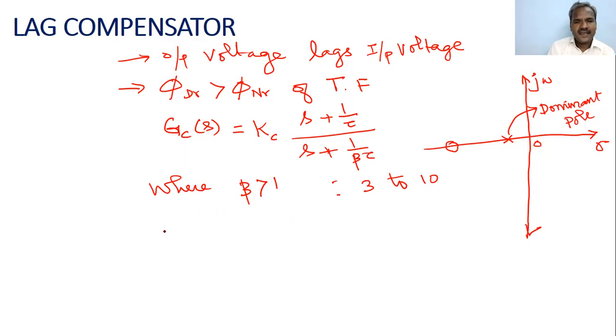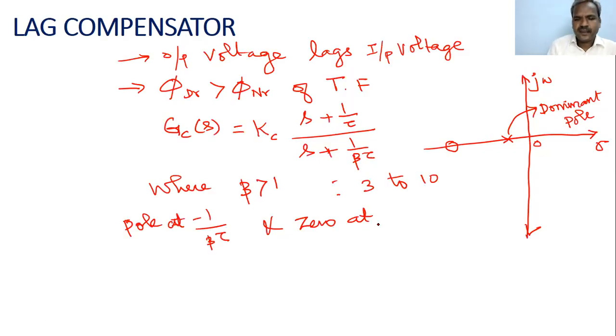Here we consider the pole at minus 1 by beta times tau. Similarly, the zero is at minus 1 by tau. Simple pole and zero.